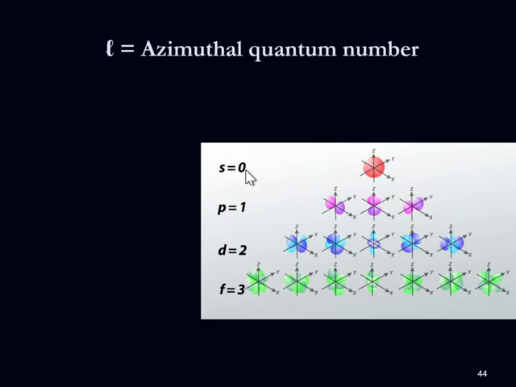We don't actually deal with this number in first year chemistry, so I won't say much more about it. But all s orbitals are going to have an L value of 0. All p orbitals, there are actually 3 different possible shapes. They're kind of these dumbbell shapes that exist at right angles to each other. They are going to have those shapes.